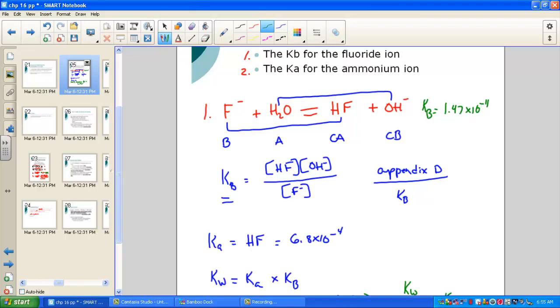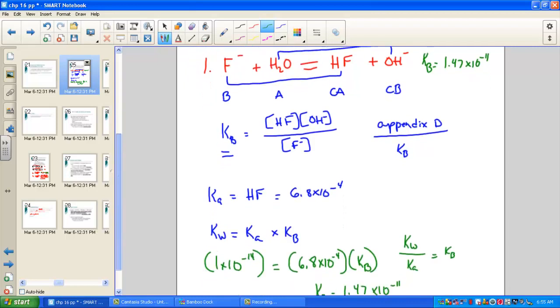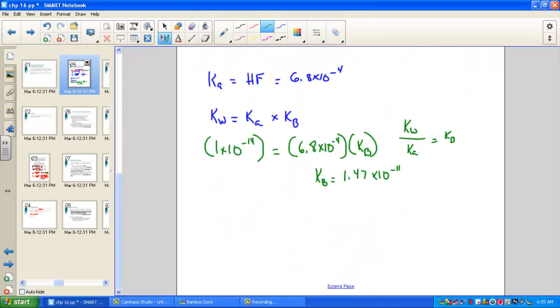The second example, the Ka for ammonium ion. So example number 2. Ammonium is NH4 with a +1 charge. When it's placed into water, it sets up an equilibrium with its conjugate base, ammonia, producing the hydronium acid ion.